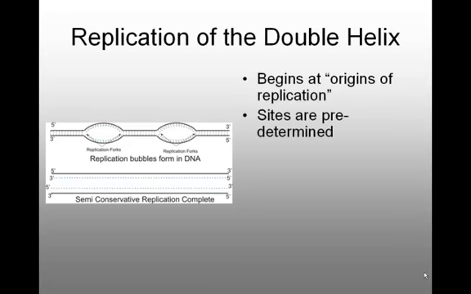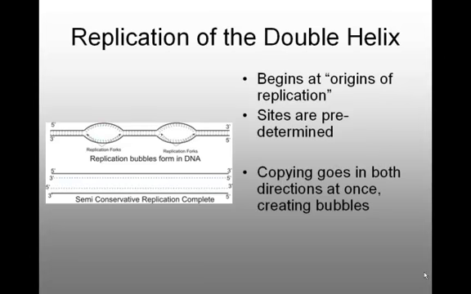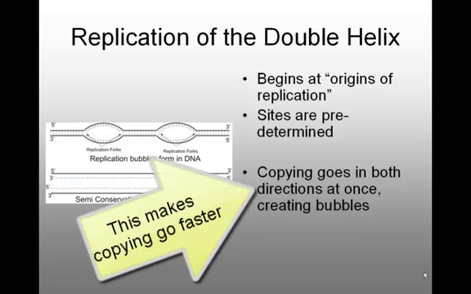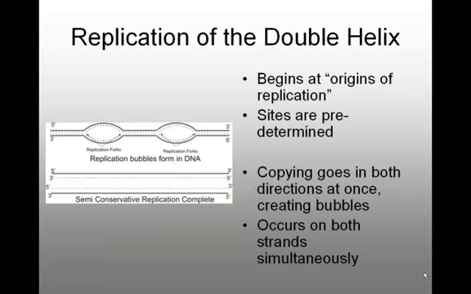And they're sites that it'll start at the same place every time. So it's actually going to copy in both directions at the same time, making those bubbles. And it's also going to be copied on both strands at the same time. So it can happen very quickly because it's starting at so many different spots at the same time and going in both directions.